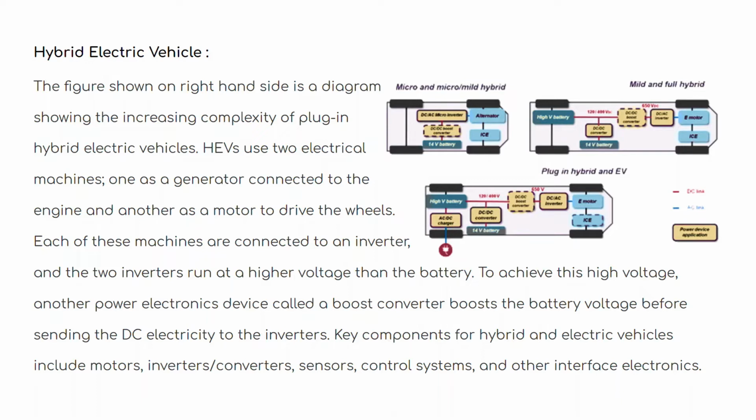To achieve this high voltage, another power electronics device called a boost converter boosts the battery voltage before sending the DC electricity to the inverters. Key components of hybrid and electric vehicles include motors, inverters or converters, sensors, control systems, and other interface electronics.